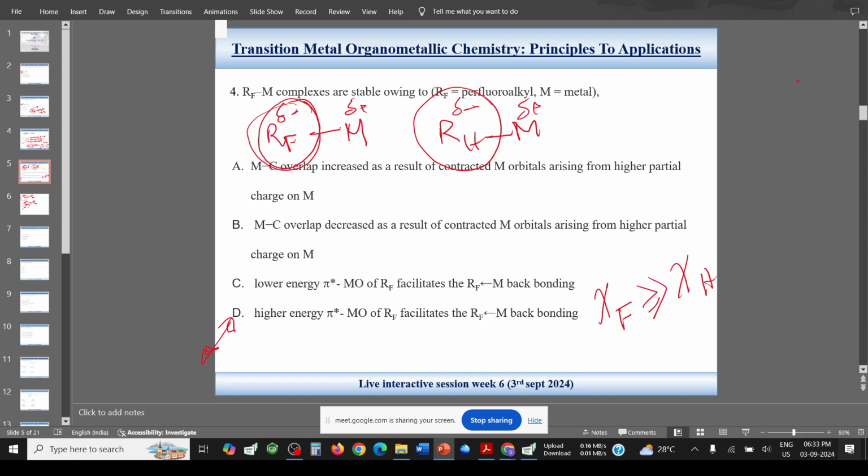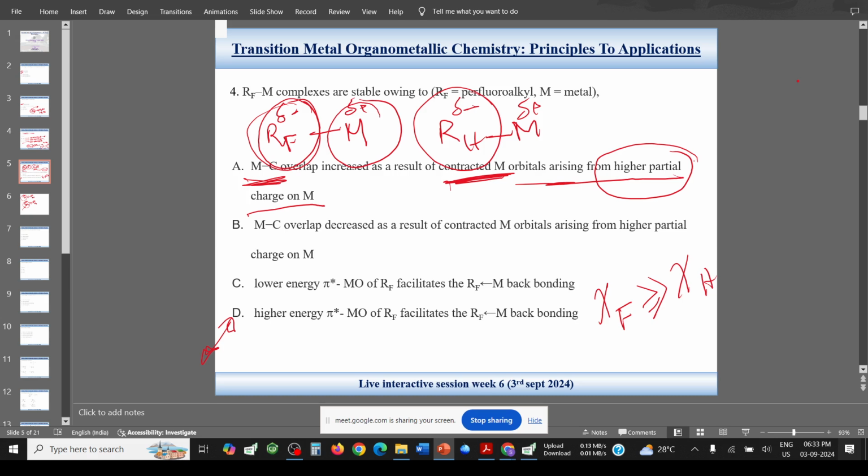That's why the orbitals of the metal center will get contracted. As the metal orbital gets contracted, the overlap of the two orbitals in the metal-carbon bond will also increase.